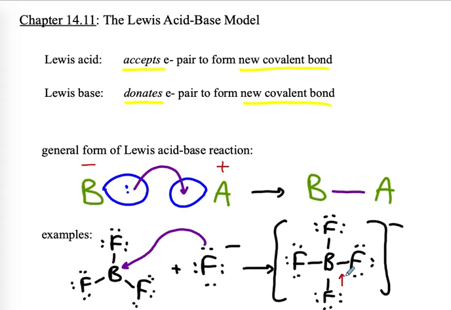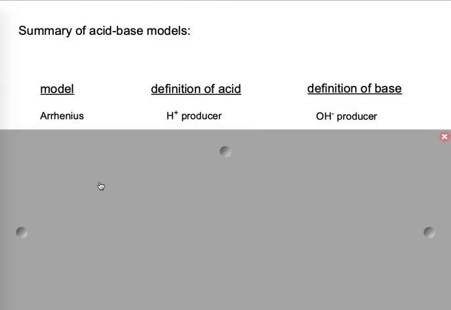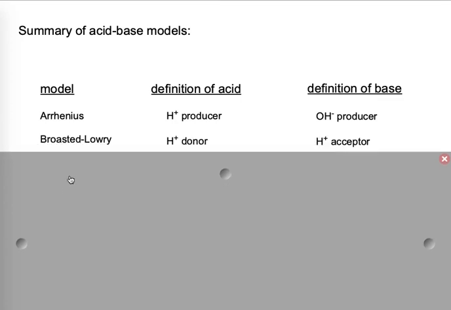Okay, so let's do some examples. Oh, but first of all, let's summarize our acid-base models. The Arrhenius model says that an acid is something that produces the hydrogen ion or increases the concentration of hydrogen ion in aqueous solution, whereas a base increases the concentration of hydroxide. The most narrow and specific.